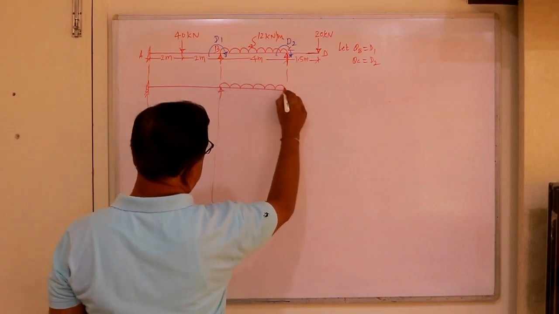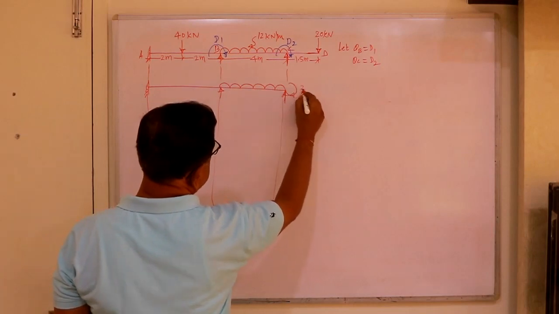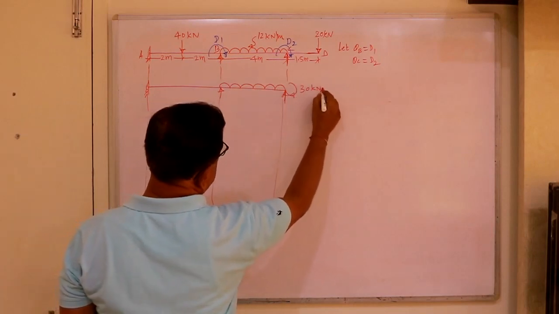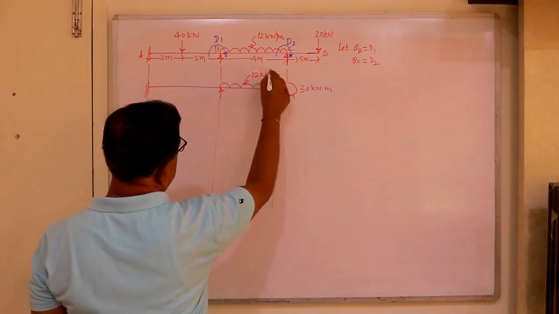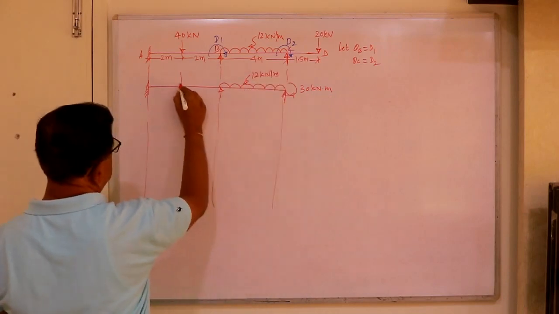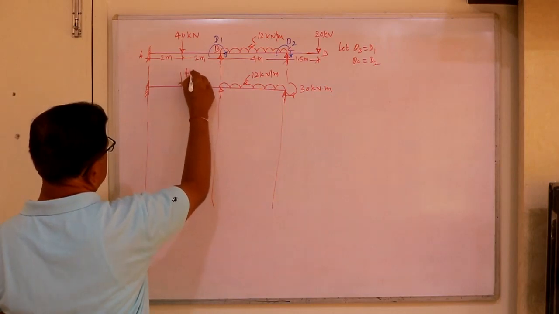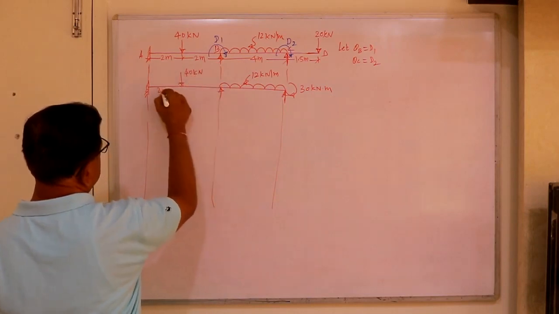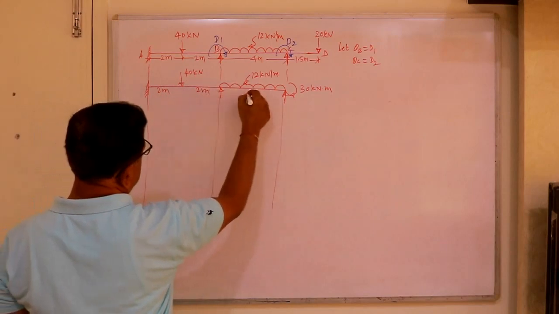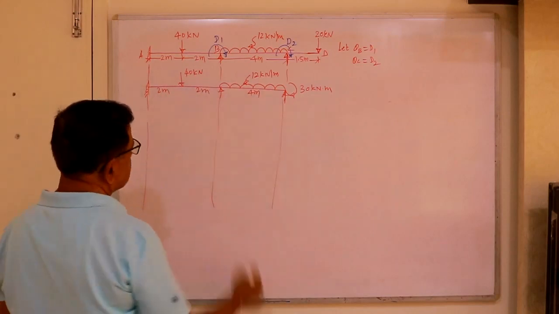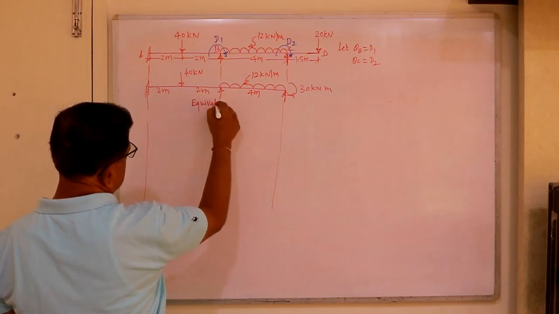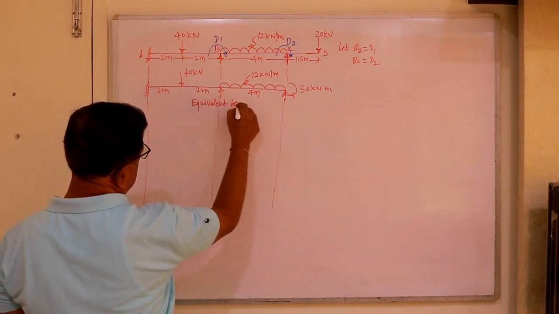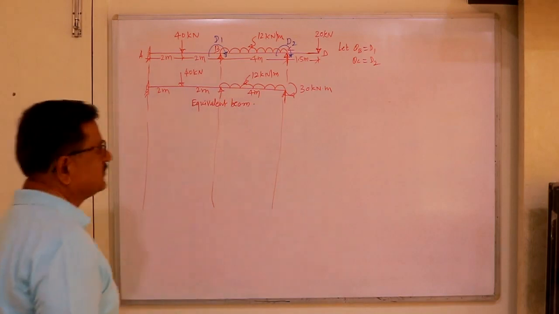Say due to the load acting, the moment here is 30 kilonewton meter, and this is 12 kilonewton per meter, this is 40 kilonewton. So 2 meter, and 4 meter. So we consider the equivalent beam.